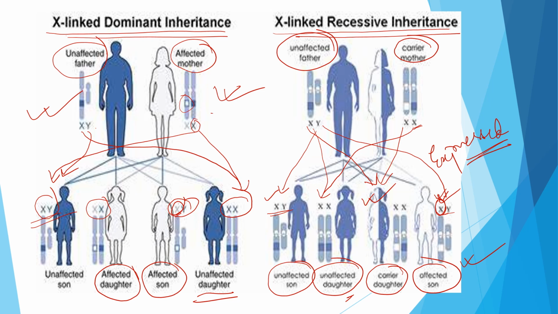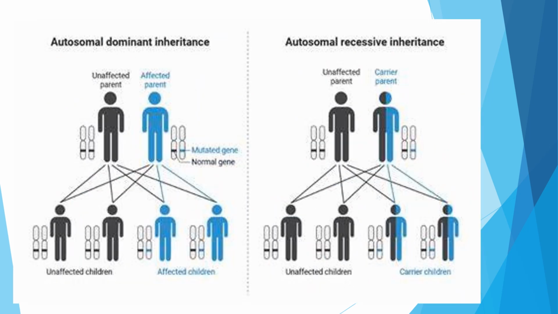Now we will move on to another one. So here see the autosomal dominant inheritance pattern. If you see certain patterns, you will get to understand how to do the problems of pedigree analysis. Now let us see here. Here you can see one parent is affected and the other one is unaffected.